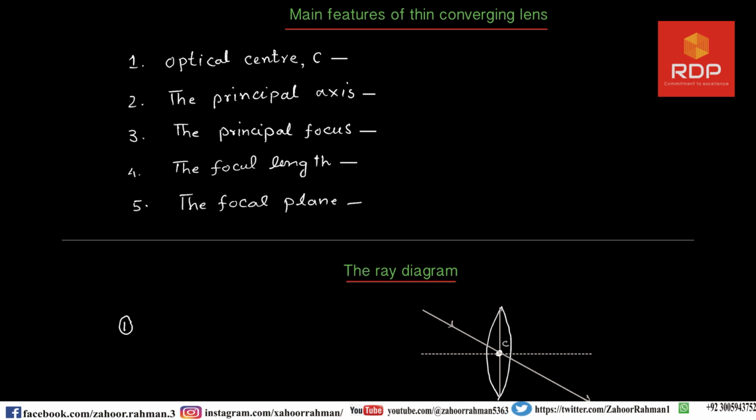Let us discuss, to understand the concept of lenses clearly, there are many terminologies associated with the concept. You must be a master and crystal clear in your mind on those terminologies. I am discussing that topic under the name main features of the thin converging lens.